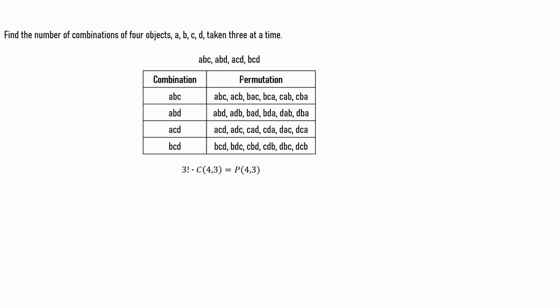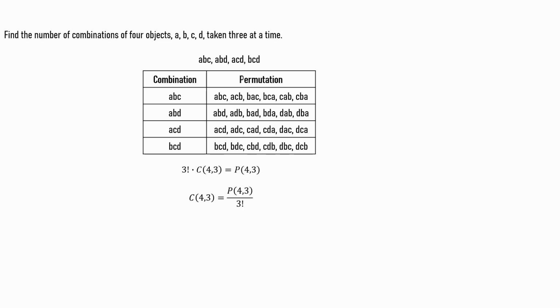So 3 factorial times the number of combinations is the total number of permutations. So this is the notation: 3 factorial times the combination of 4 objects taken 3 at a time equals the permutation of 4 letters or objects taken 3 at a time.